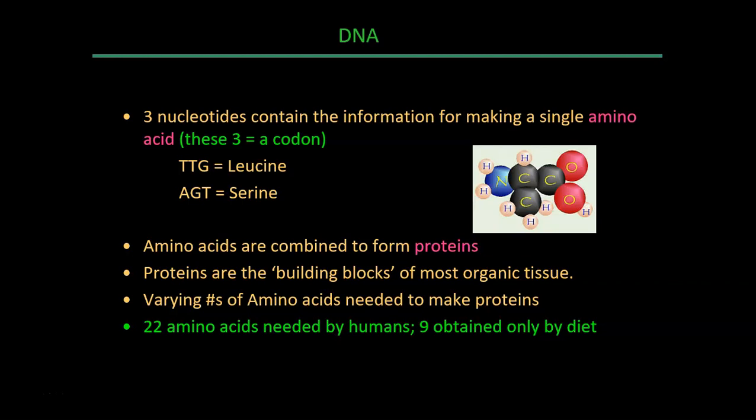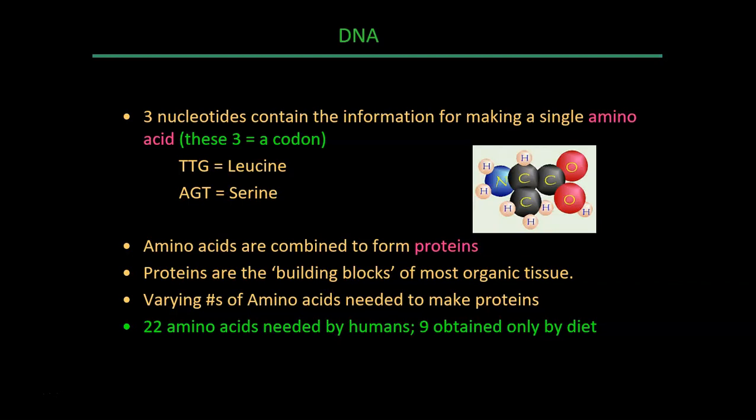And the structure of the nucleotides on the DNA molecule tells the biological cell how to make an amino acid. And the DNA tells the cell how to assemble the amino acids in order to make a protein.